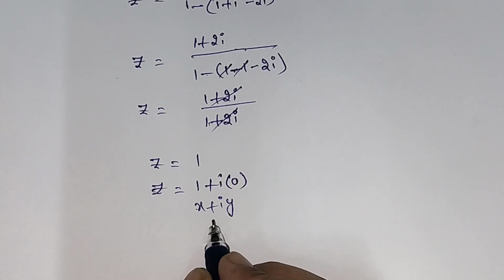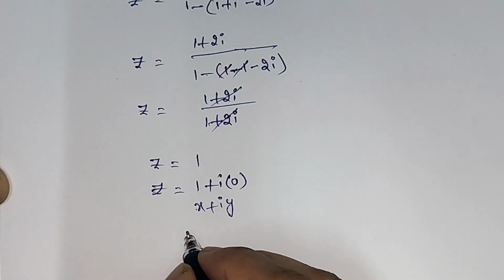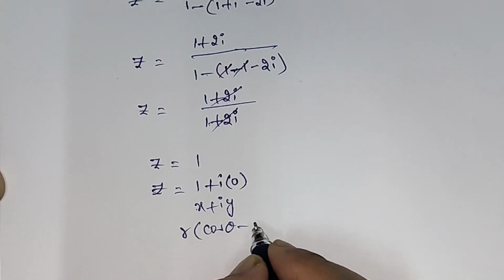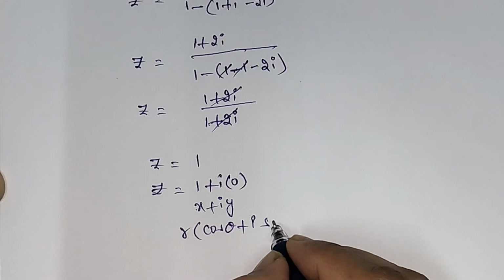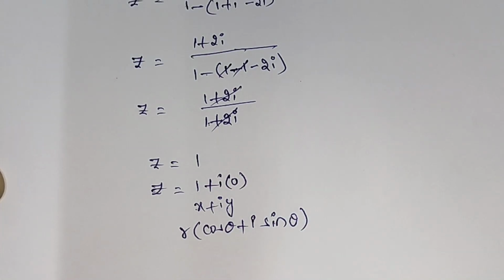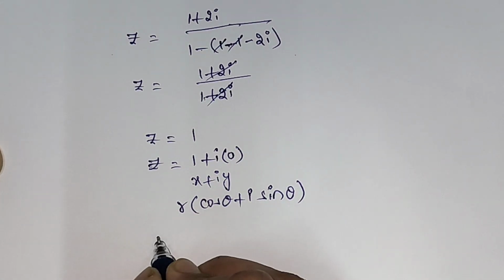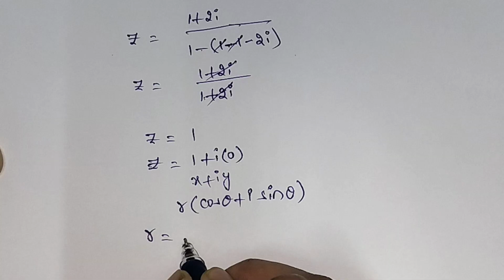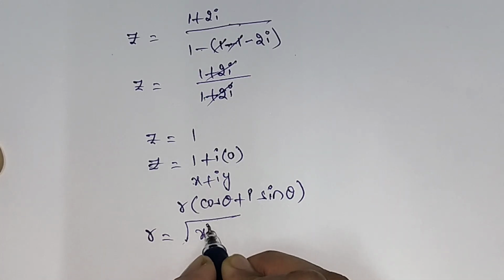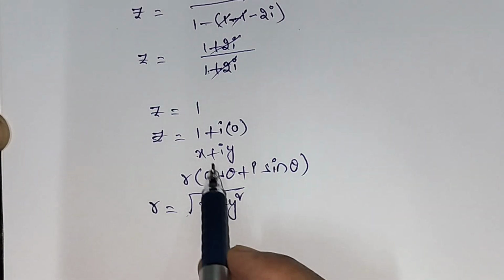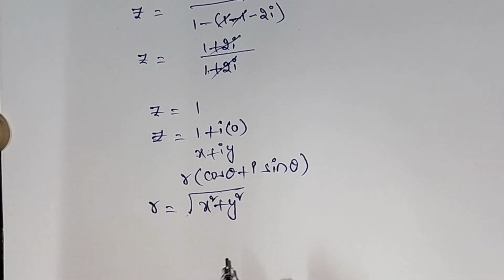We can compare this to the modulus amplitude form. The formula is r of cos theta plus i into sin theta. In this we can find the r value. r is equal to, what is the formula of r? Square root of x square plus y square. x is 1, y is 0.